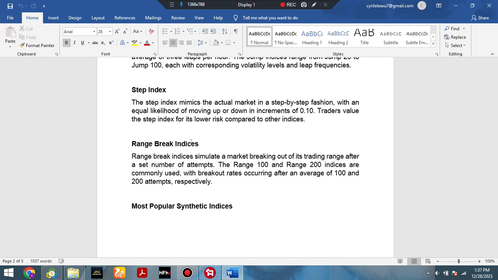Traders value the step index for its lower risk compared to the other indices. Since it's under synthetic, it's definitely not the real-life market, but it also mimics the real-life market, and it moves up and down in steps.